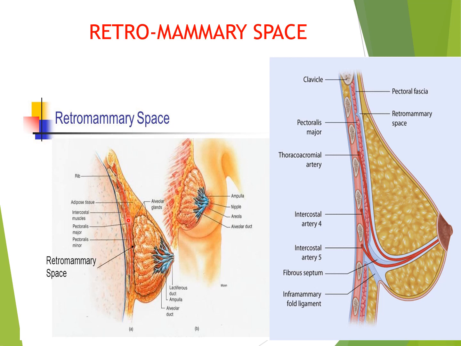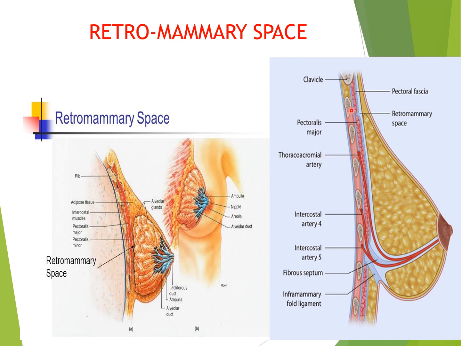So between the base of the gland, as you can see in this picture, and the fascia covering the mammary bed, you have a space which is known as the retromammary space. It contains loose connective tissue.